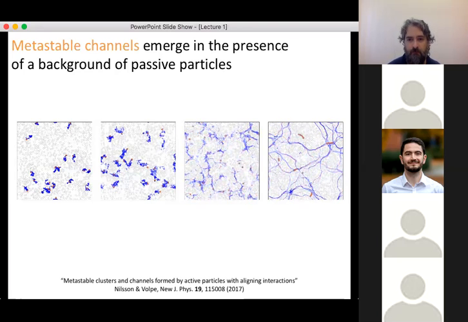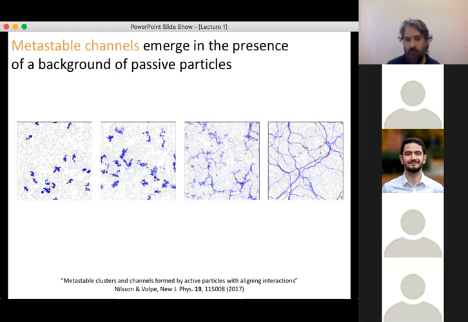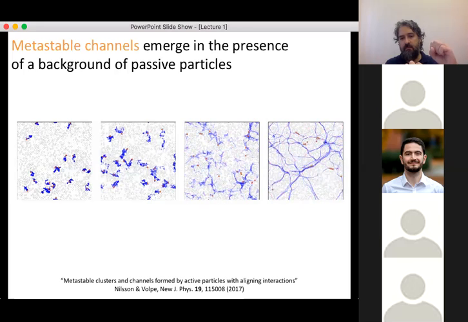So the passive particles, are the active particles attracted, or do they change direction in some way, or is it affected by the passive particles as well? It's exactly the same formula as between active particles, what I illustrated before. In that case, the passive particle is obviously fixed.